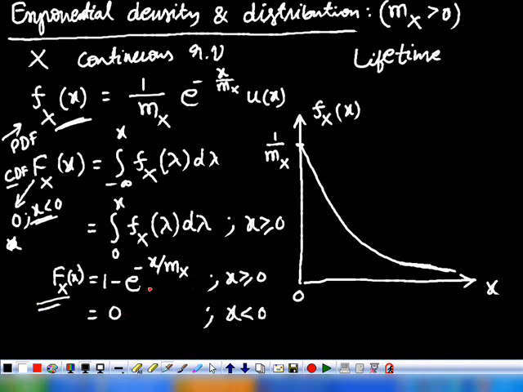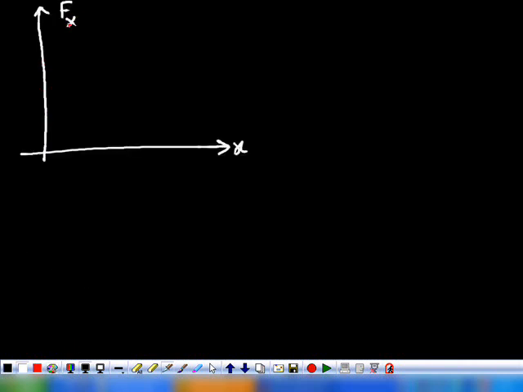And it is a non-decreasing function. It is a positive, non-decreasing function of x, and it is right continuous. If you plot this, how will it look? I plot it. CDF: for x less than 0, it is 0.